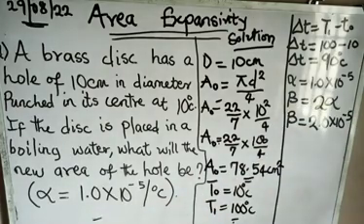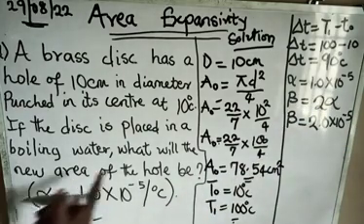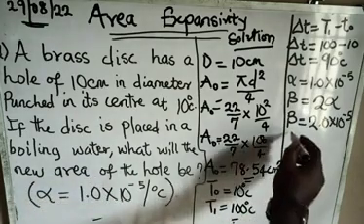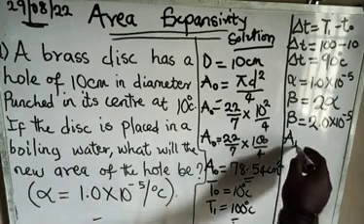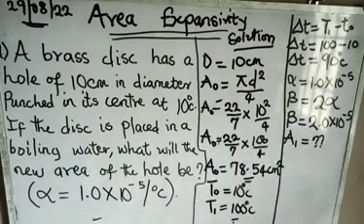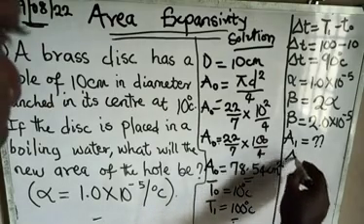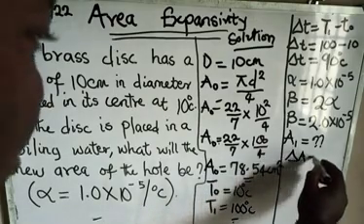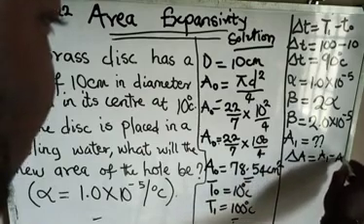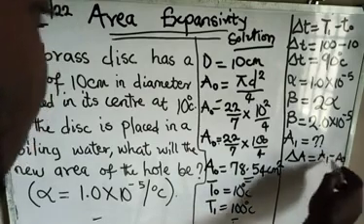Okay, now what is our formula? We are asked to find what the new area of the hole will be. That's our A1. What will A1 be? We don't know it. But if I can get the change in area, which I know is A1 minus A0, I can then get the value of A1 from here.